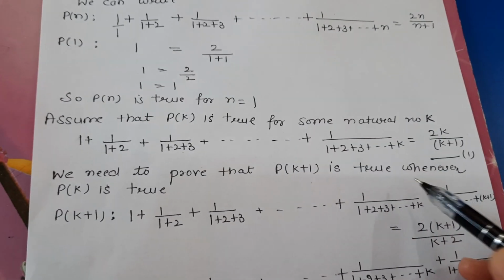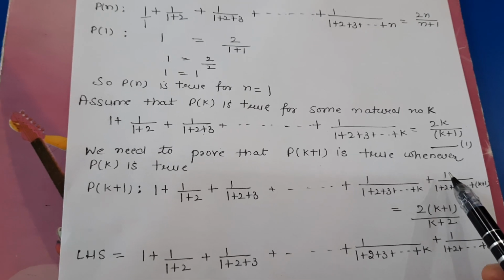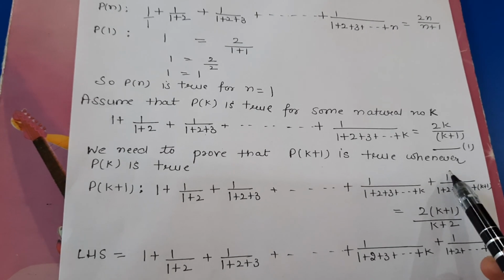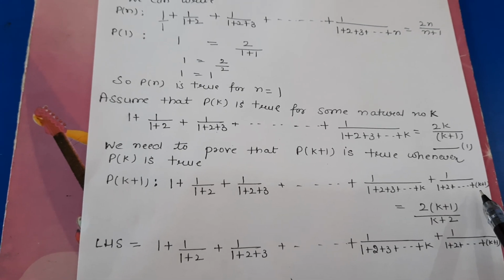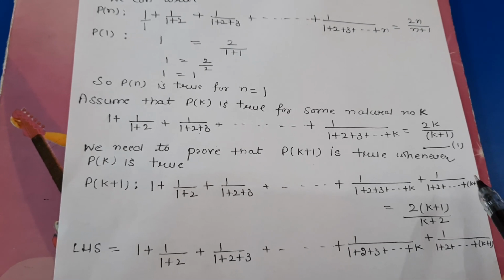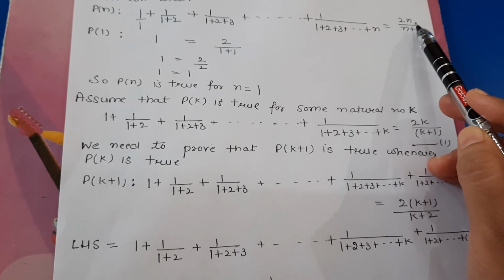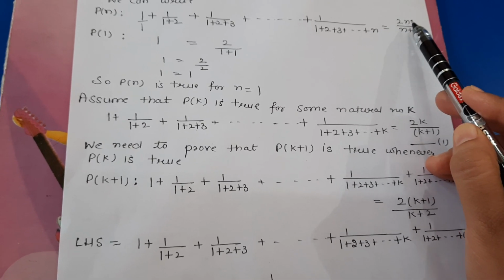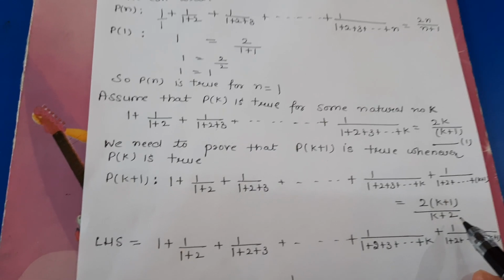For the kth term you have 1 upon 1 plus 2 plus 3 plus k. That means for the (k+1)th term you will have 1 upon 1 plus 2 plus 3 up to so on k plus 1. In the same way, replace n with k plus 1 on the right hand side. So this is 2 times k plus 1 divided by k plus 1 plus 1, that is k plus 2.